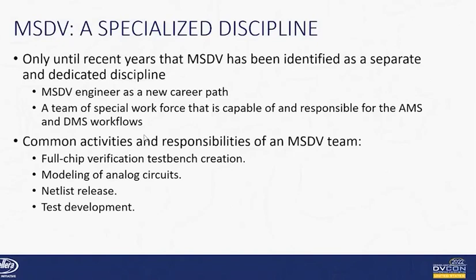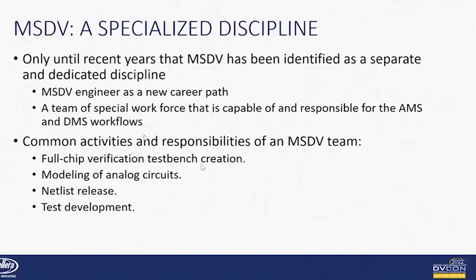First, we are involved in and responsible for full chip verification test bench creation. It takes time at the beginning, because you have to make sure your AMS flow is compatible with the DMS flow. You have two flows, so how do you make them work together? This is the initial stage of the project.